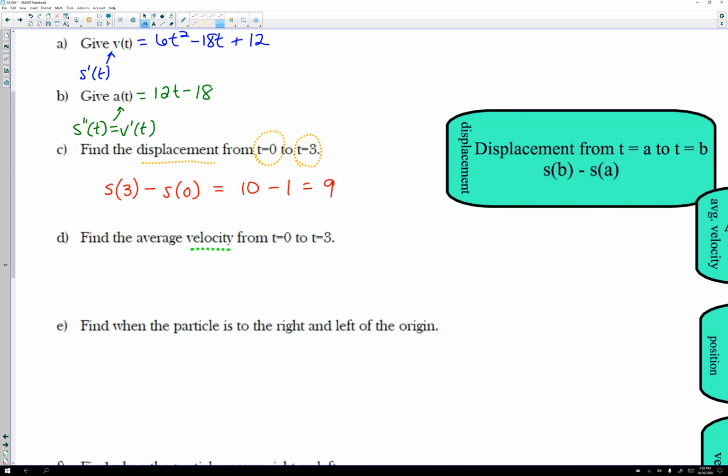So we're not finding the average of the velocities at a time of 0 and a time of 3. I'm going to say this one more time: you are not finding the velocity at 0 and the velocity at 3 and averaging them. You're not doing that.